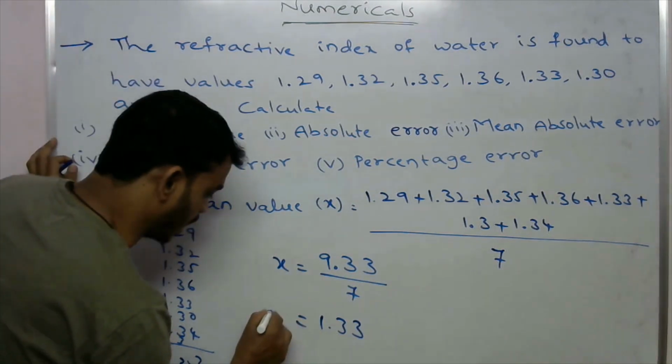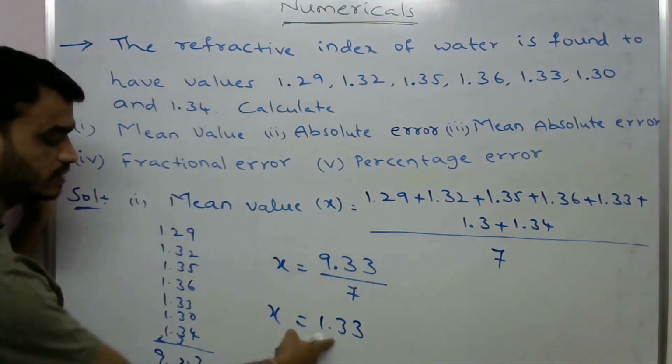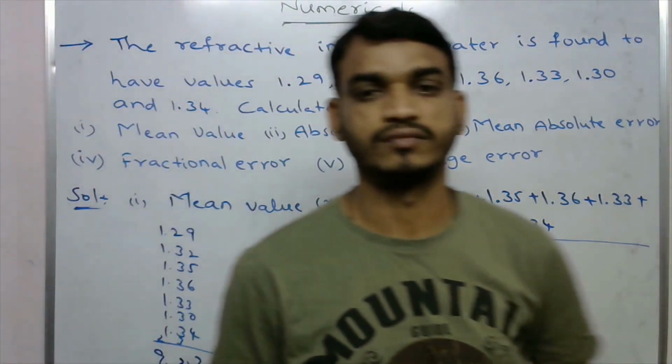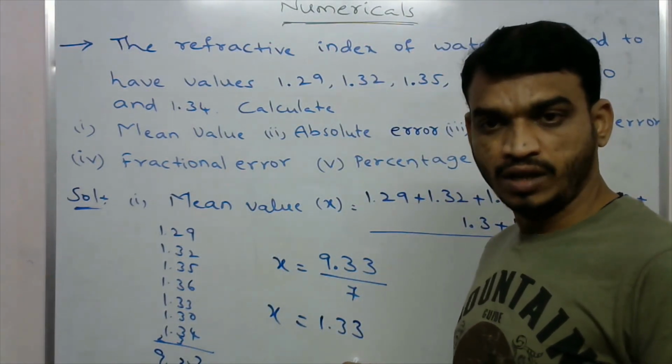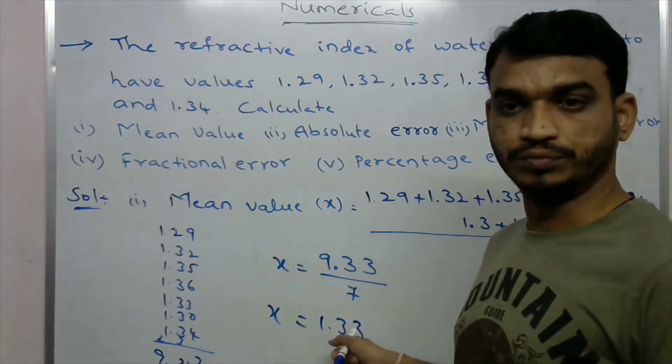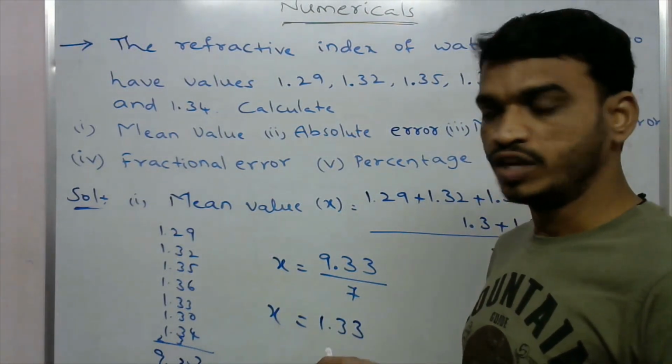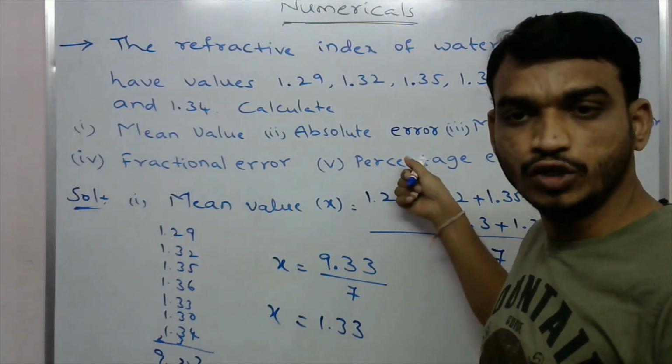So the x value, the mean value, is 1.33 here. Now by using this mean value, we will find the absolute error.